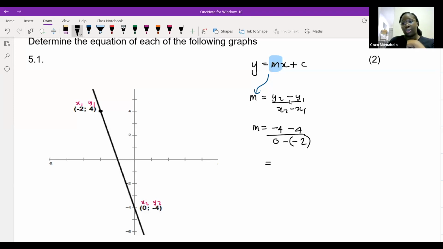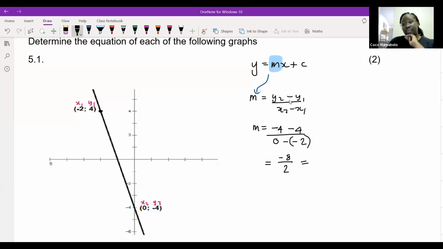All right. So at the top, -4 minus 4 will give us? -8. Good. -8 over 2. Positive 2, correct? Yes, because minus and minus will give us a plus. So what's the final answer there?